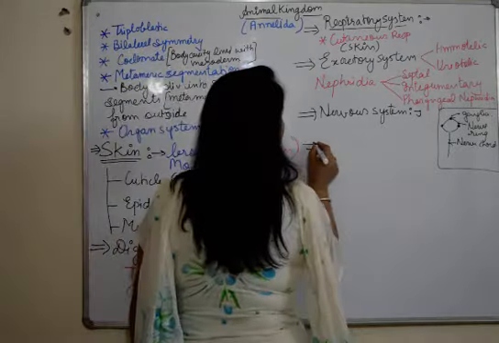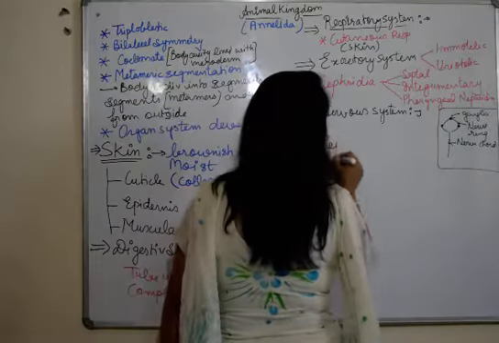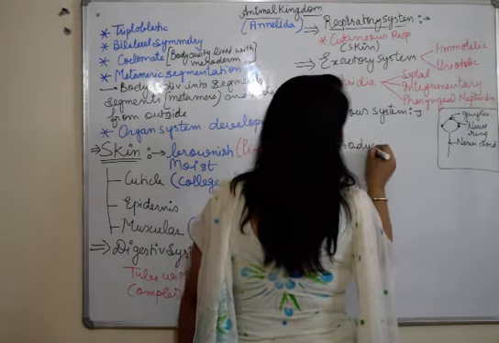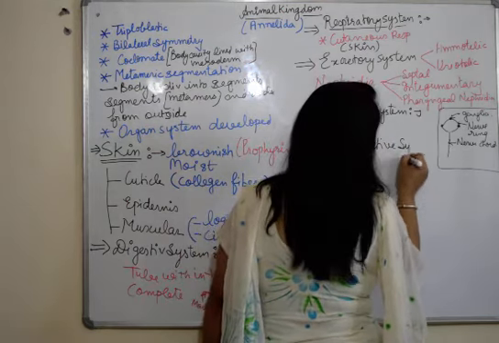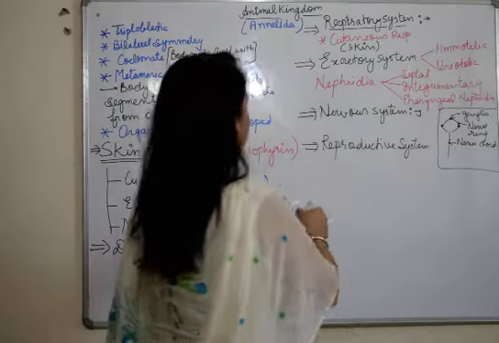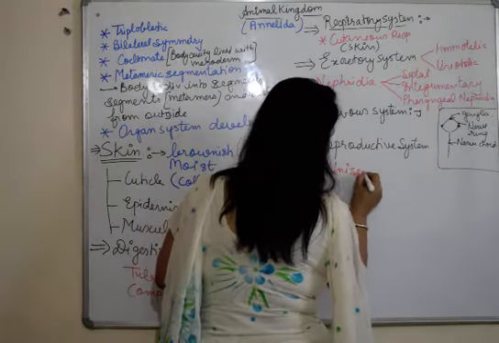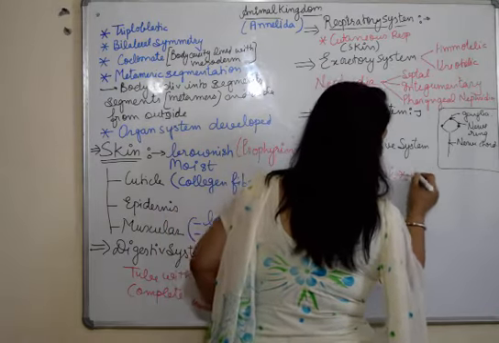Then the next system which we have is the reproductive system. Herein they can be unisexual and also hermaphrodite.